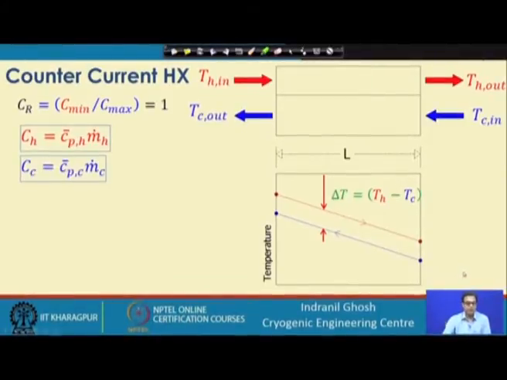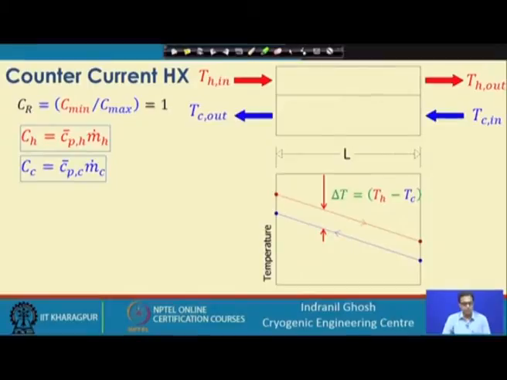What is CR? It is basically the ratio between the heat capacity of the hot fluid and the cold fluid. This CH, or the hot heat capacity, is the product of the hot fluid specific heat multiplied by the mass flow rate of the hot fluid, and the cold Cc, or the cold capacity, is equal to the product of the specific heat of the cold fluid multiplied by the mass flow rate of the cold fluid.